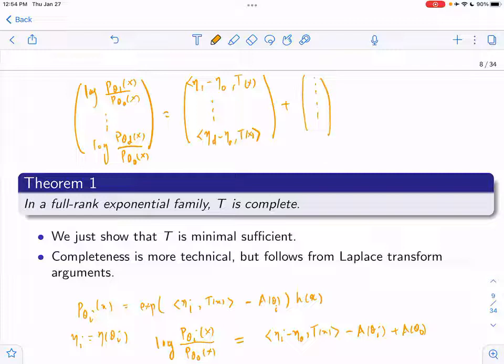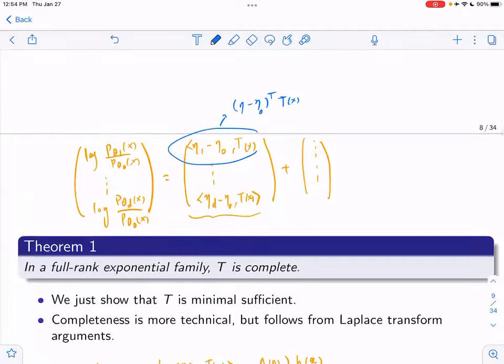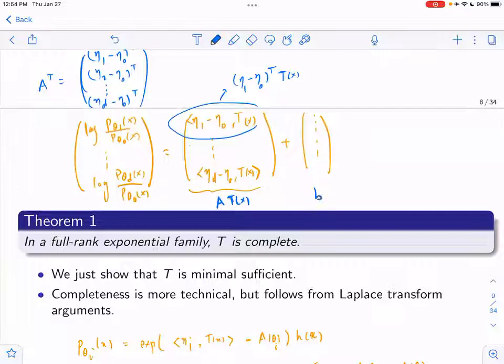So you care about the log likelihood up to a constant shift. And each one is, for example, eta minus eta naught transpose T of x. A transpose is like that, eta 1 minus eta naught transpose and eta 2 minus eta naught transpose, the way we define it. So this whole thing can be written as A times T of x, and then plus some constant, which I'm going to call B.